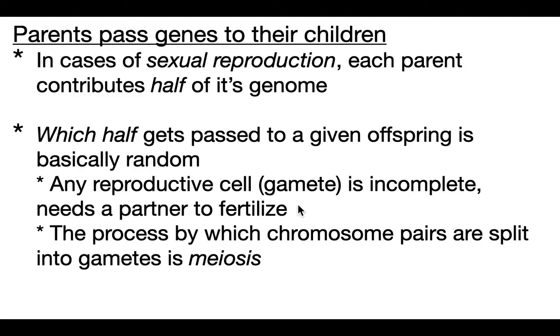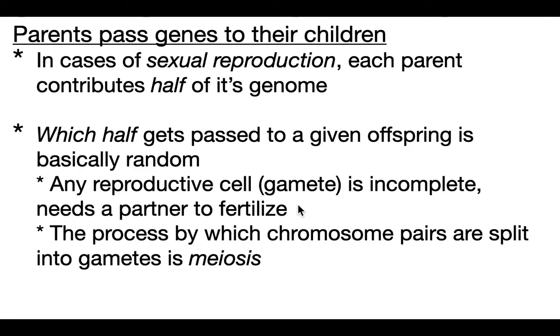Now, meiosis you probably did learn about as a 9th grade biology student, and what meiosis does is take the entire genome of a cell, split it in half, and put half of the genome in one gamete cell and half of the genome in another gamete cell.